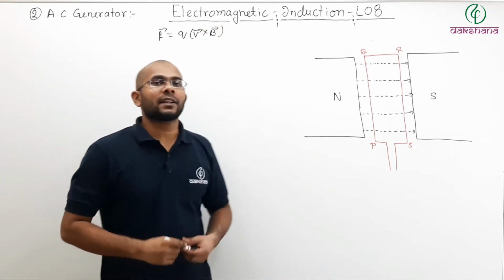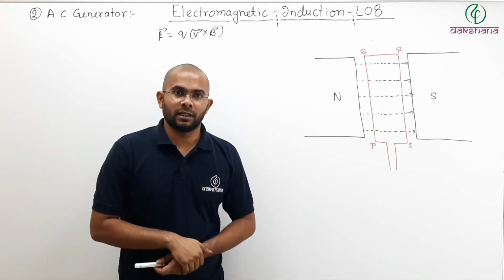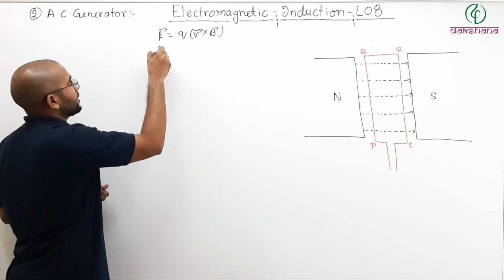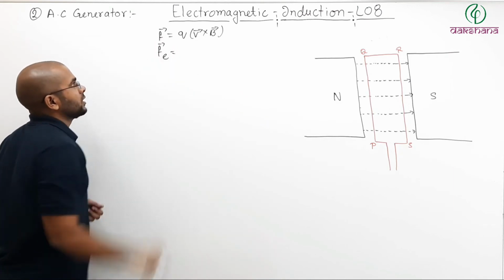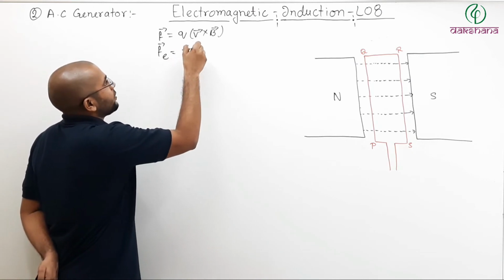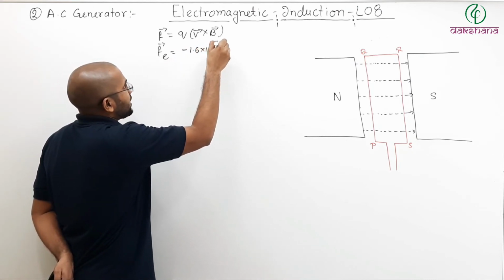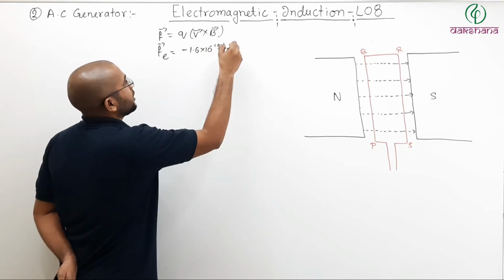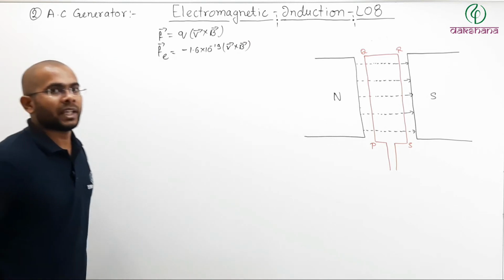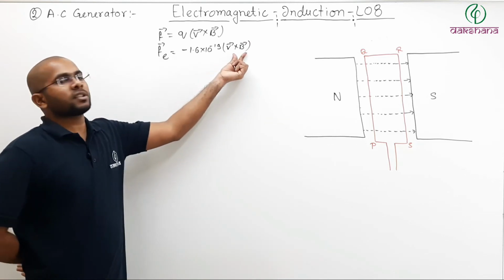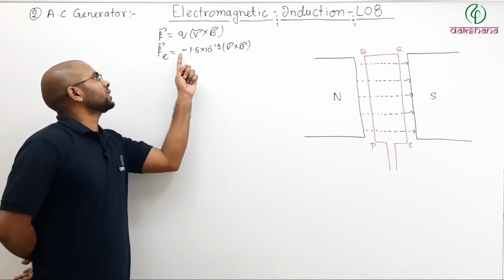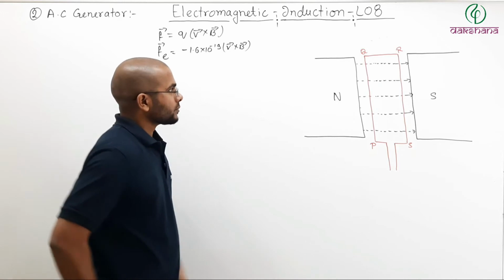Now, since the electron is a negatively charged particle, the force experienced by an electron is minus 1.6 times 10 to the power minus 19, which is the charge on the electron, times V cross B. Meaning whatever the direction of V cross B, the force on the electron will be opposite to that direction, because of the minus sign.